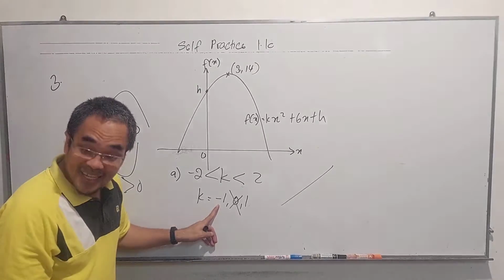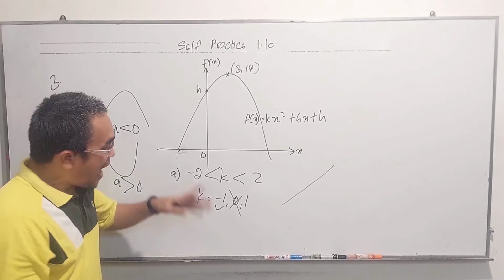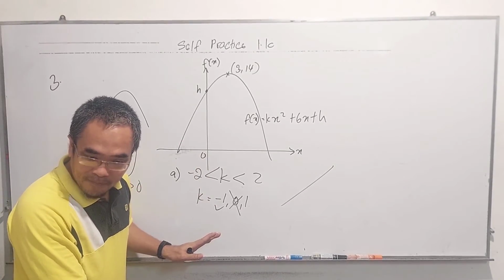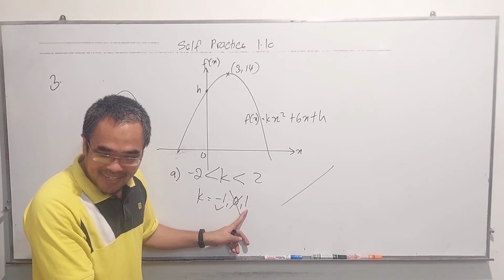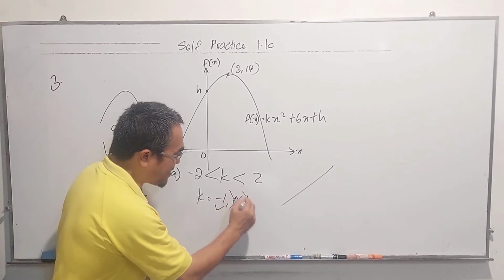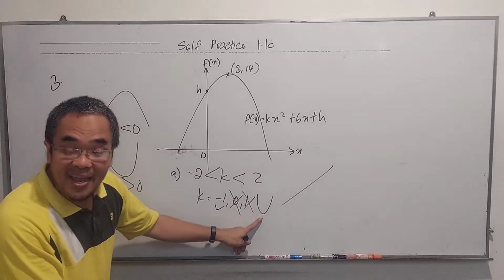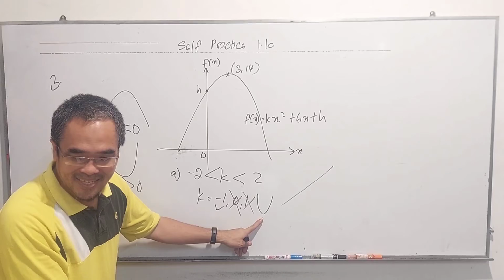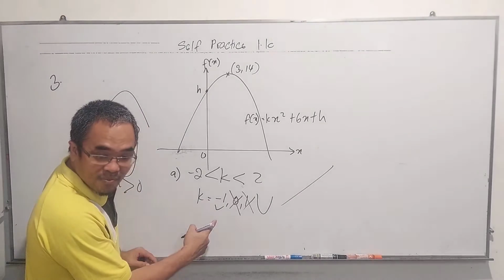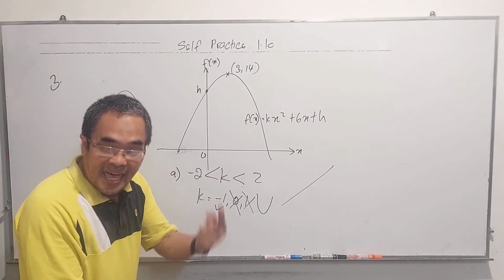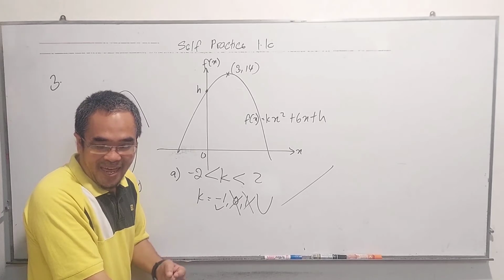So this value is acceptable, as long as it's negative. Now k as 1 is not acceptable because when a is 1, it should be a smiley face. Try to remember that. So the final value is k equals -1 only. That is the only acceptable value there.